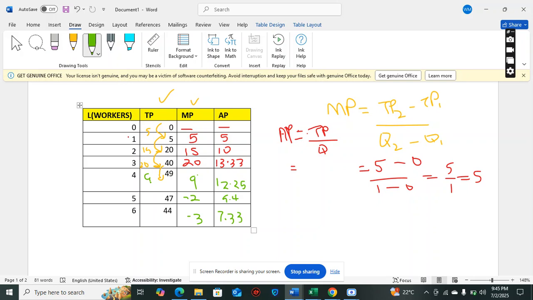Now the increment has gone down to just by 9. So when we say total product is increasing at a decreasing rate, it means the increments are small. When total product is increasing at an increasing rate, you've got big increments. If total product is increasing at a decreasing rate, the increments start to reduce.